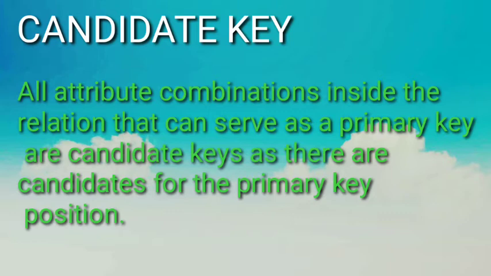Student ID contains unique records and the PAN card field also contains a unique record for each individual student. So both can be said to be candidate keys because they can serve as a primary key of the table. However, we can make only one field a primary key and the other can be called a candidate key.